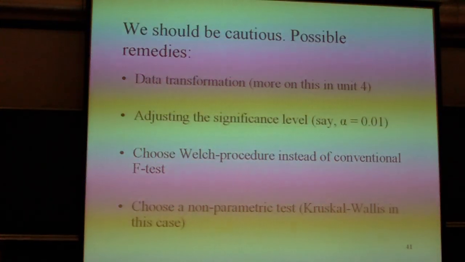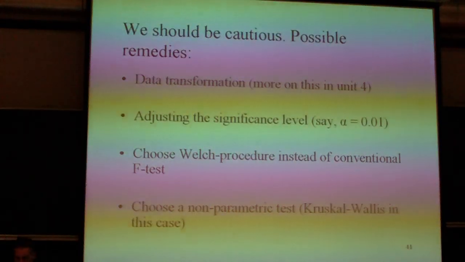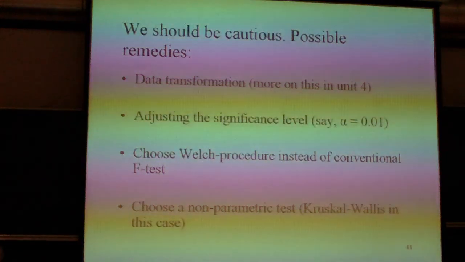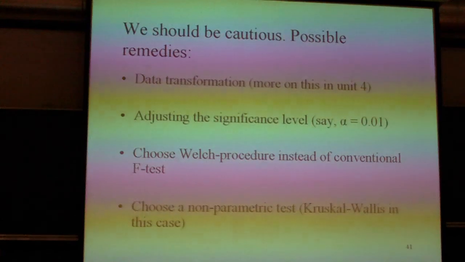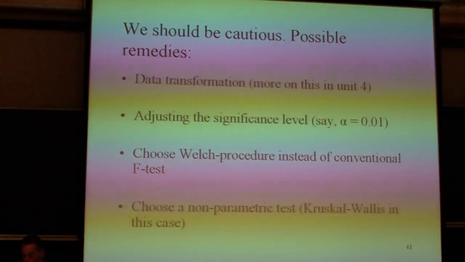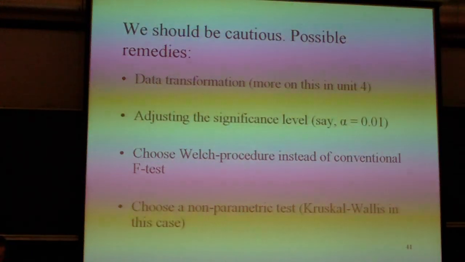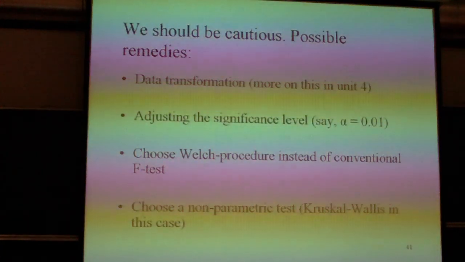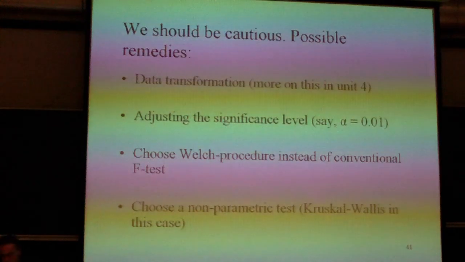Then we can also choose for a more robust alternative to the conventional ANOVA F-test, and that's known as the so-called Welch-procedure. You may be familiar with the fact that if you do an independent samples t-test, you always have the opportunity to choose between a t-test where you assume equal population variances and an alternative where you do not make that particular assumption.